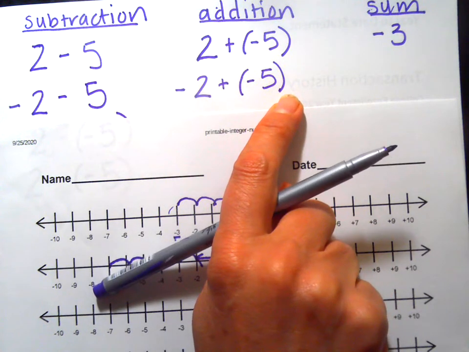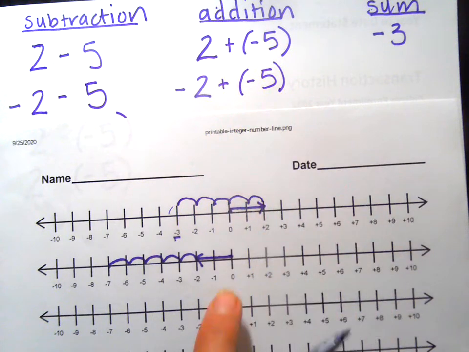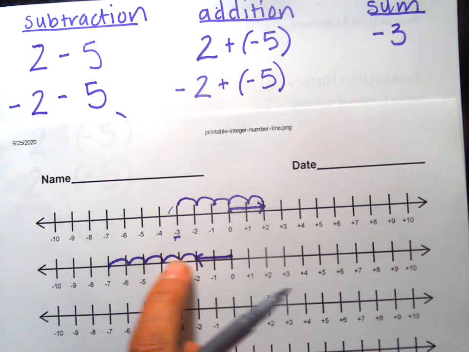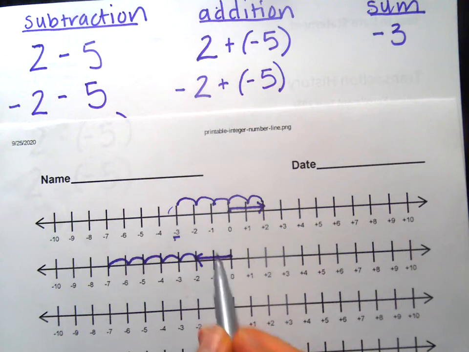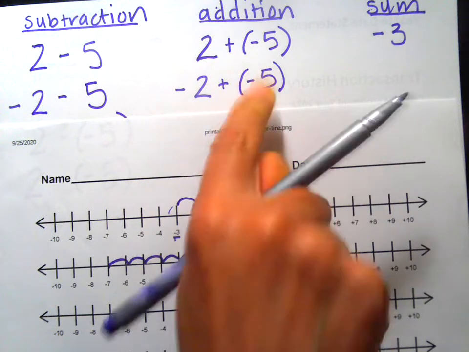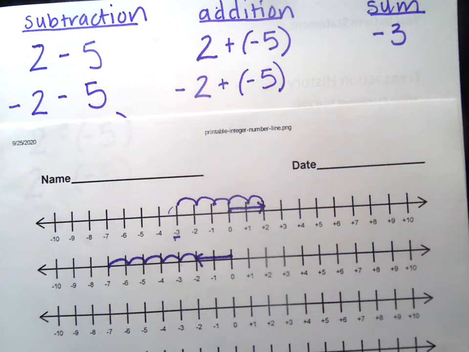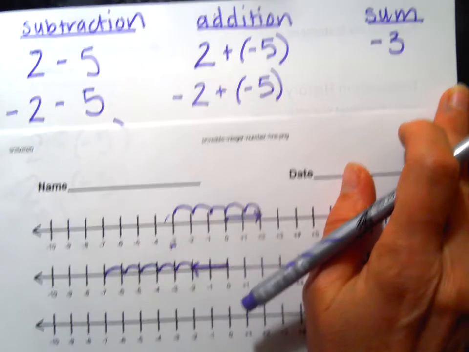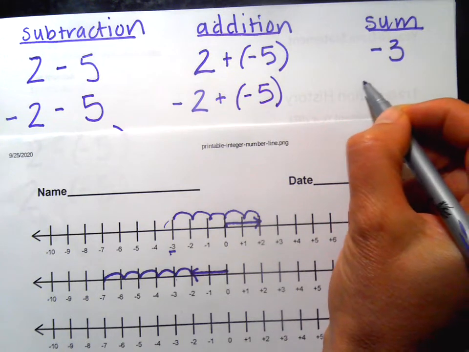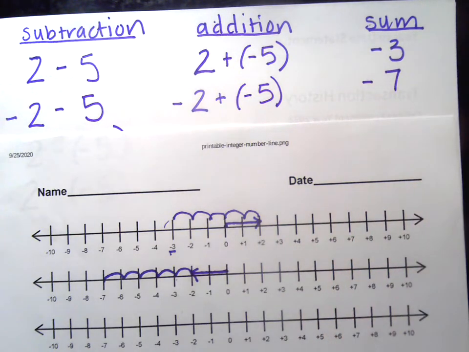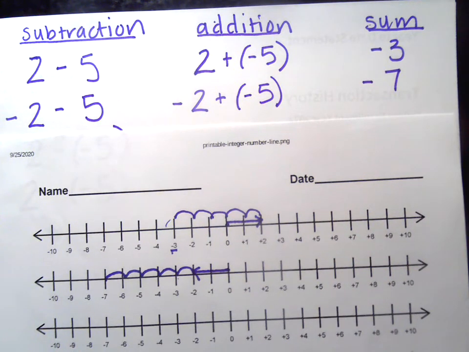Nothing cancels out. That's negative 7. And also my arrows keep going the same direction. I have negative 2, and then I go negative 5 more in the negative direction. And my sum is negative 7.